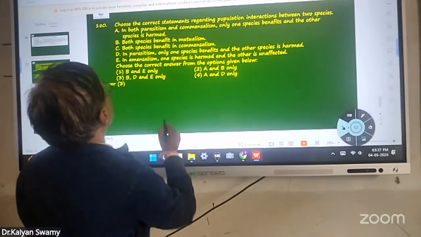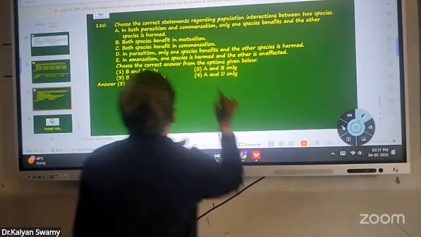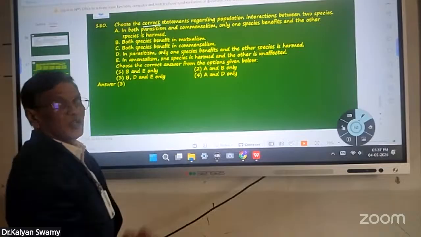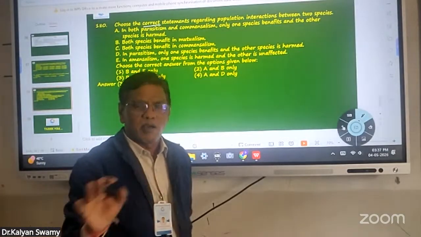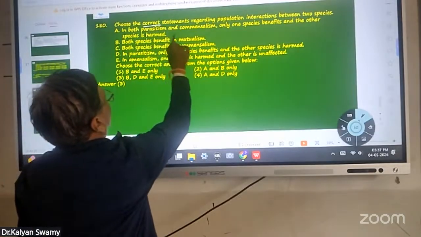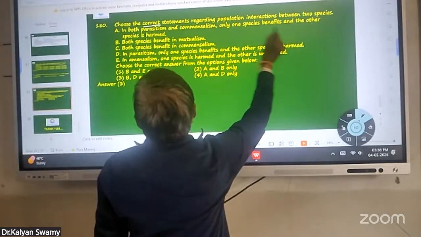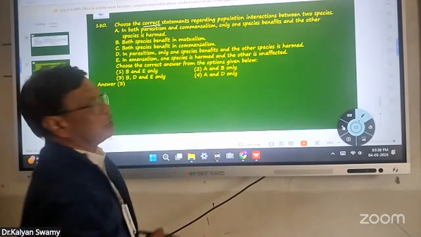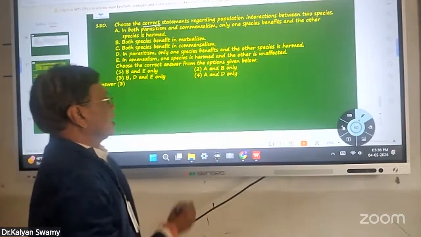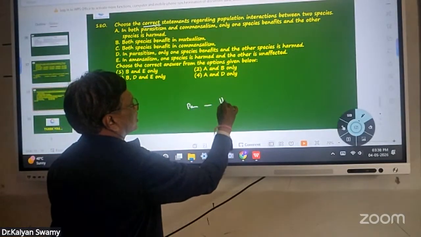The last question is with regard to population interaction. Again, what is asked? The correct statements. Very few are incorrect. All correct statements. First, in both parasitism and commensalism, only one species benefits and the other species is harmed. In parasitism, the parasite benefits and the host is affected.